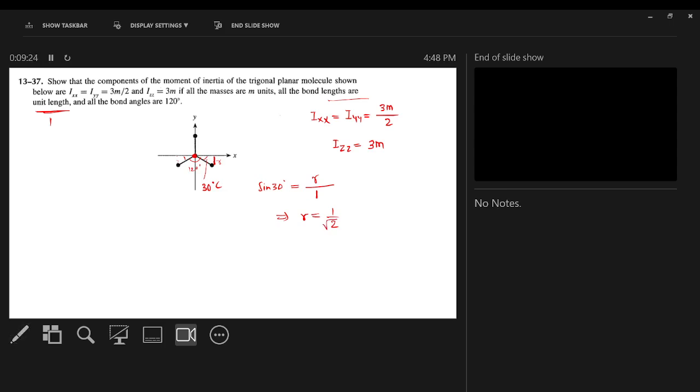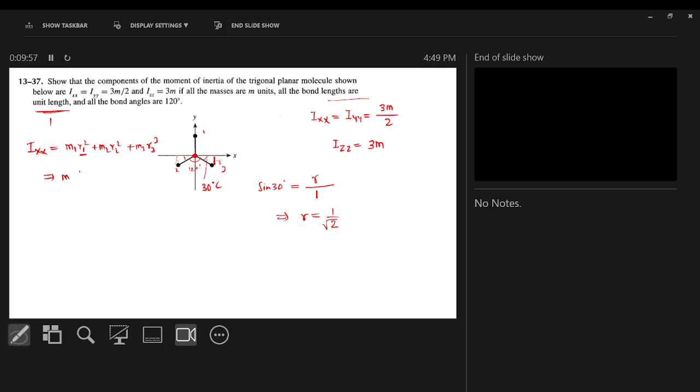Now let's calculate Ixx. It will be m1 r1 square plus m2 r2 square plus m3 r3 square. The masses are in m units, and the direction of r doesn't matter, it will be the same.